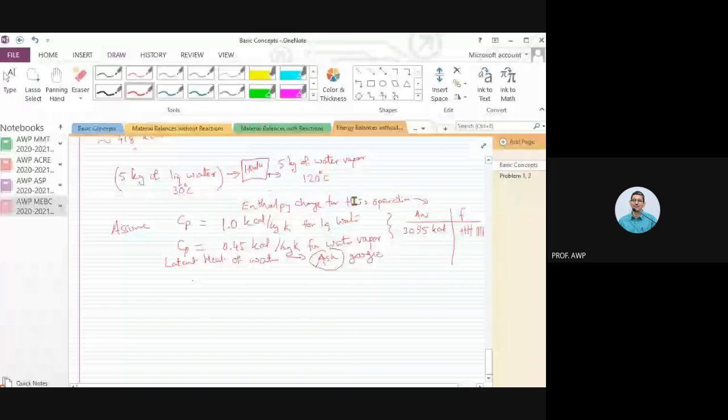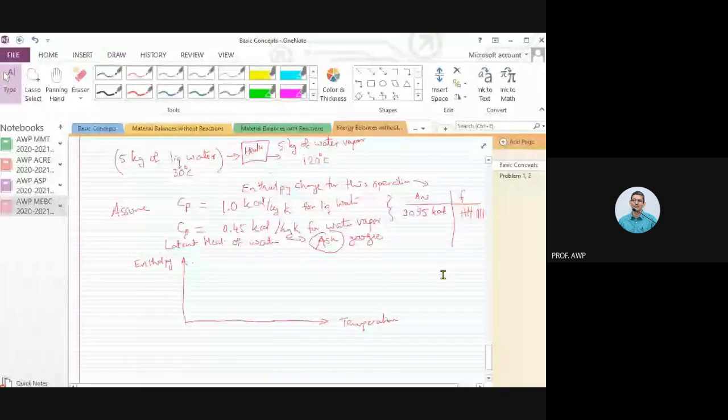So if you think in terms of a temperature versus enthalpy graph, obviously 5 kgs of water vapor at 120 degrees centigrade is going to have more enthalpy than 5 kgs of liquid water.